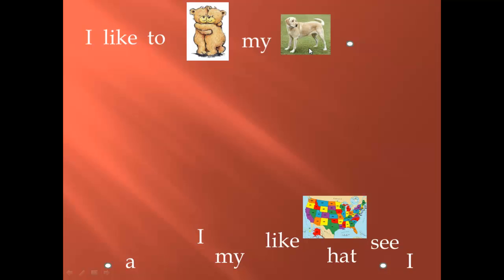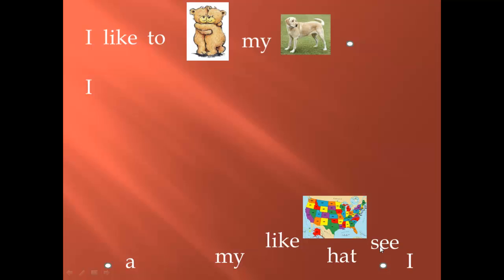Alright, let's build another sentence. I see a map. So find I. Very good. You should be pointing right here. I. So I see. Find the word see. S-E-E spells see.